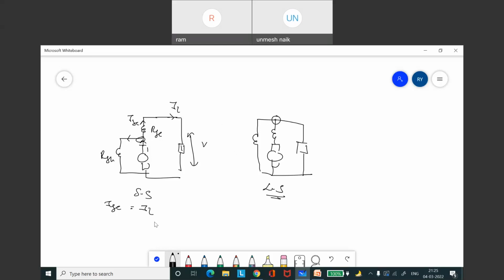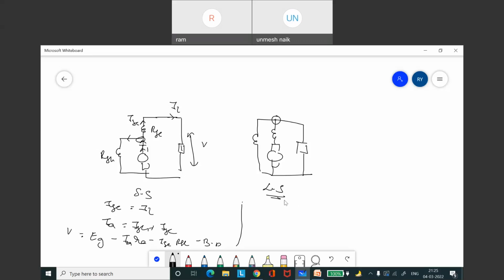ISC equal to IL. The armature current IA is summation of shunt field current ISH plus series current ISC. Now the terminal voltage can be given as induced EMF EG minus armature resistance drop IARA minus series field winding resistance drop ISC RSC minus brush drop.